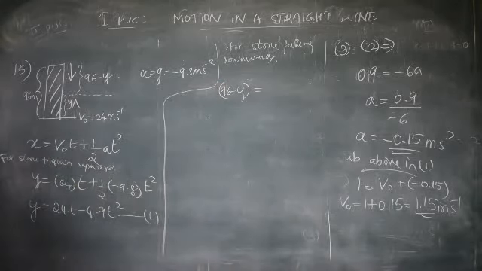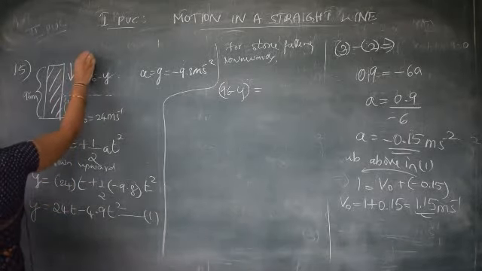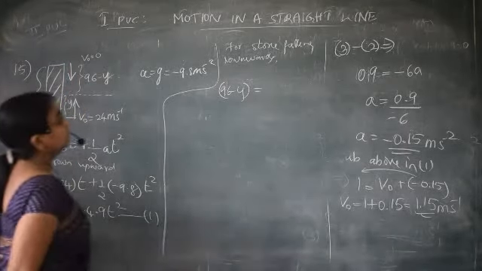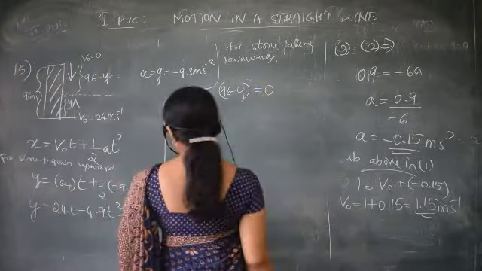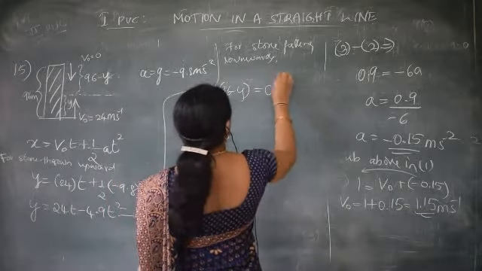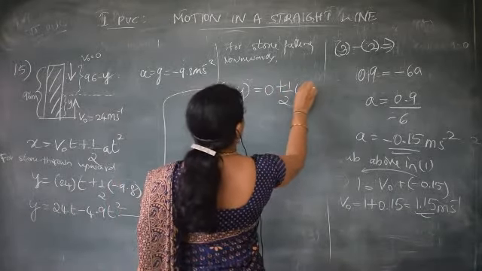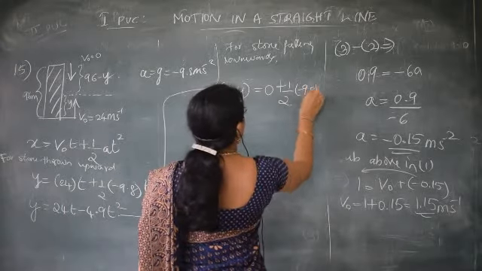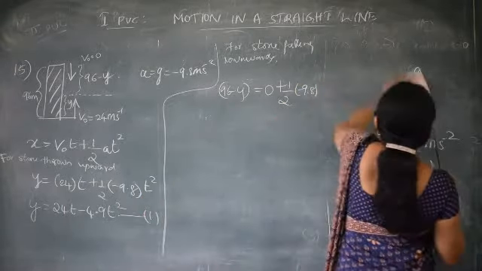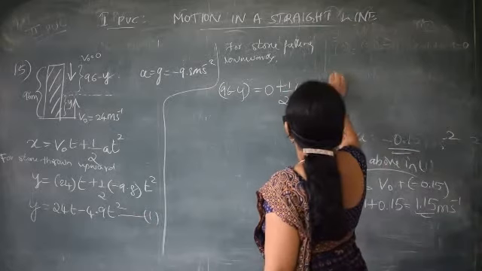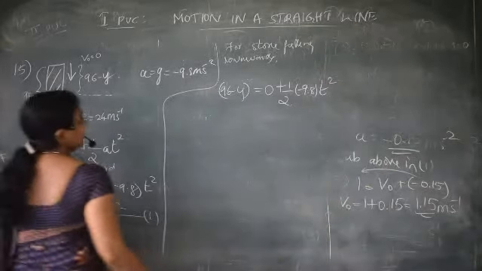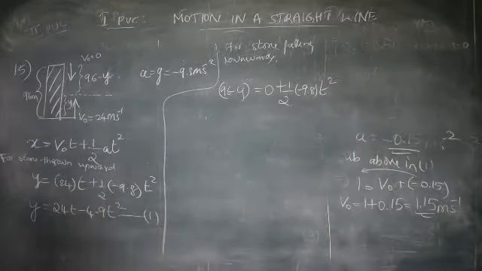Here initial velocity is 0, because to fall down, initially it was at rest. So therefore, y = V0 t plus half into minus 9.8 into t square. Correct? T square.